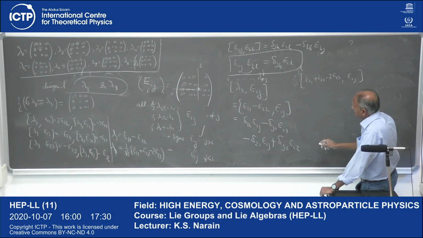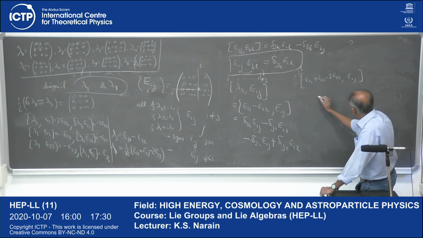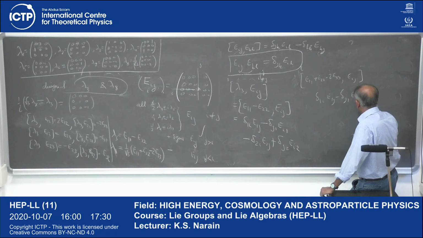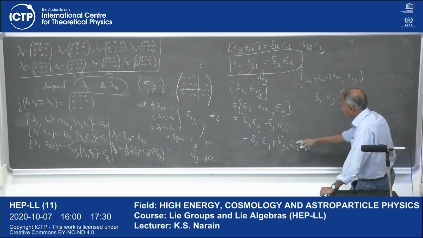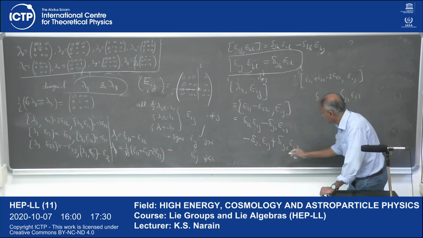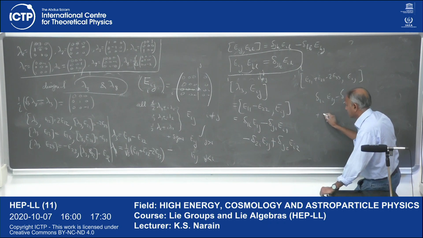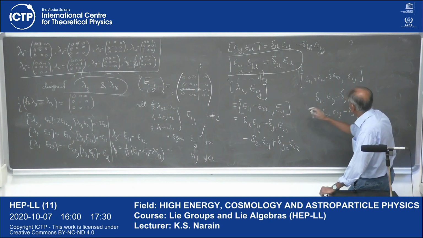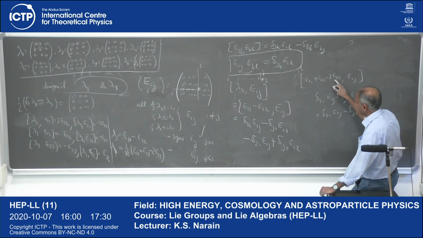so 1 1. So it's delta 1i E1j minus delta j1 Ei1, and with the 2 2. Here was a minus, but there's a plus sign, so we just have to flip the signs of these two. So plus delta 2i E2j minus delta j2 Ei2, and then minus 2 E33.